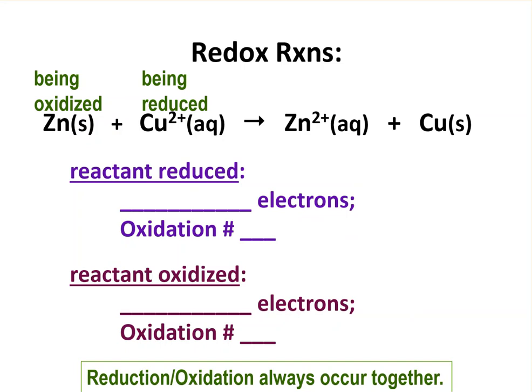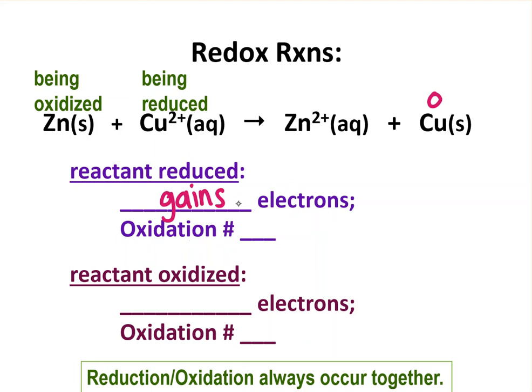So the reactant reduced is gaining electrons. If we look, I have copper labeled, it's going from +2 to an oxidation number of 0. So the electrons are neutralizing that +2 charge, and so it gained electrons.